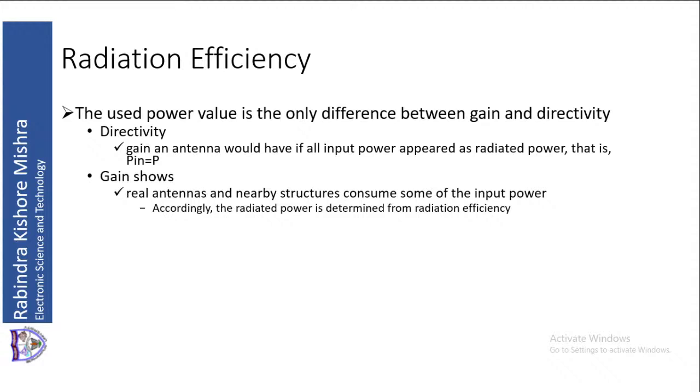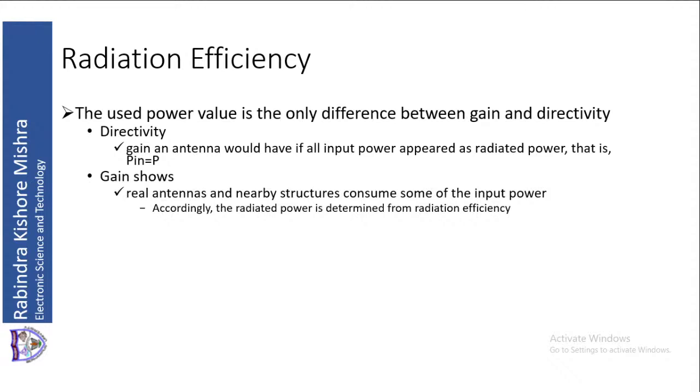Now, gain shows that real antennas and nearby structures consume some of the input power, because gain is less than the directivity.